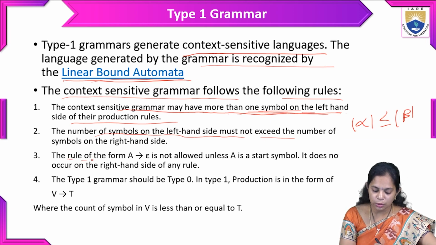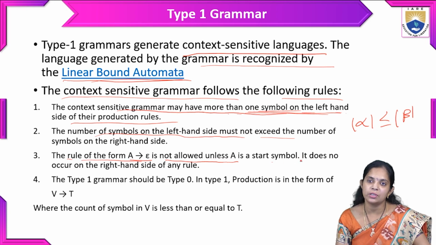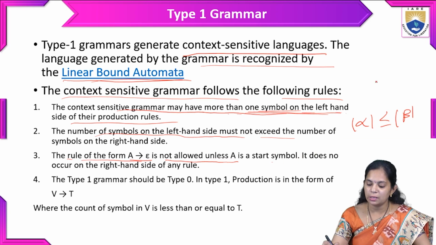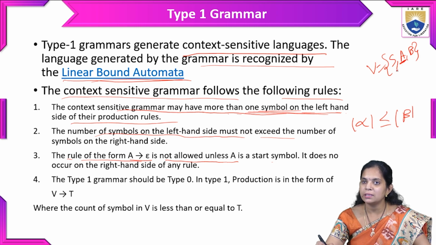And for a rule of the form A tends to epsilon, it is not allowed unless A is the start symbol. Here, with V equal to S, A, B, if S is the start symbol, then only the epsilon production is included.